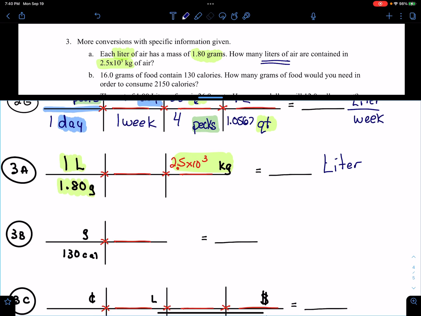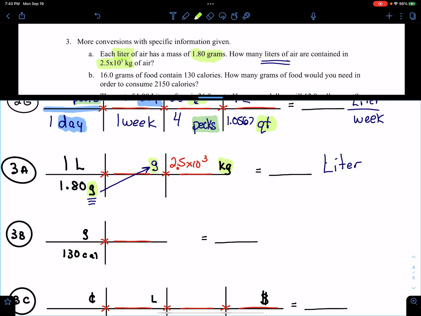You got to get rid of the grams. So if you have a unit at the bottom and you want to get rid of it, where does it go? Top or bottom? Well, you have to cross it. Cross cancel, that means the gram goes up here, right?